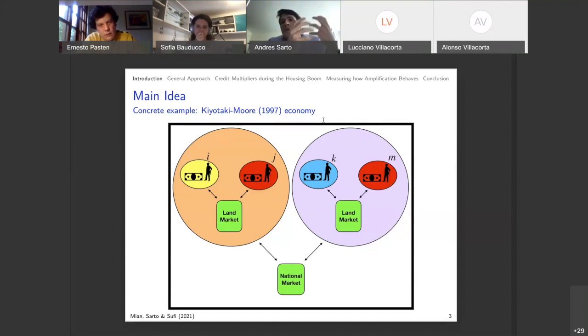So it's not going to allow you to estimate the G multipliers at all levels of aggregation, but it's still, we think, something very interesting. And in particular, as I'm going to try to argue, for the credit multipliers case, it is going to be relevant at this level of aggregation as well.